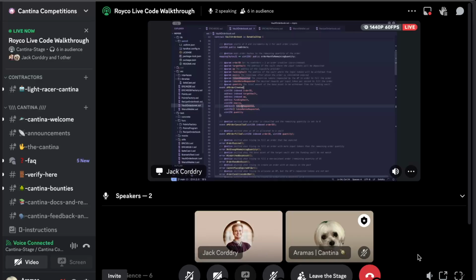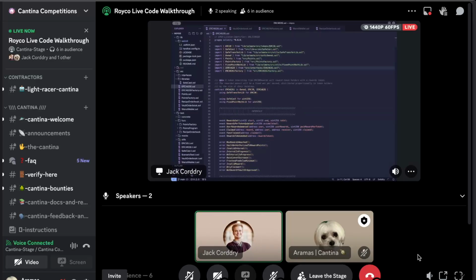I'm going to take a minute to jump into ERC4626I, which is our wrapper around 4626 vaults. Because 4626 does not natively support incentives, we have this wrapper contract called ERC4626I, the I standing for incentives.